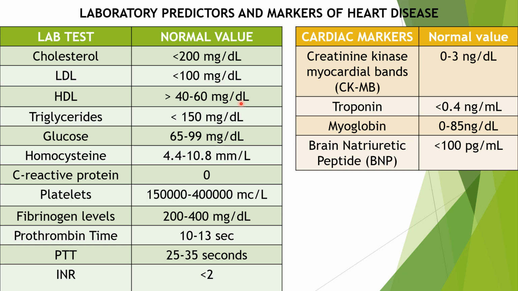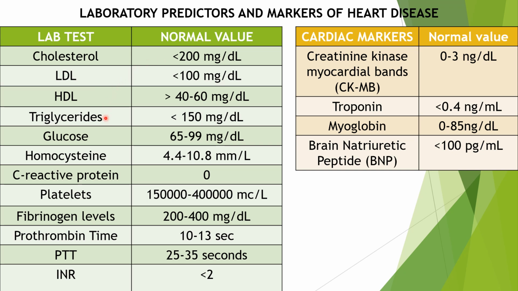If the level of HDL is decreased, that is a risk factor for heart disease. And the total cholesterol, meaning HDL plus LDL, the normal value should be less than 200 mg per deciliter. Increased level of cholesterol also is a risk factor of atherosclerotic vessel disease.